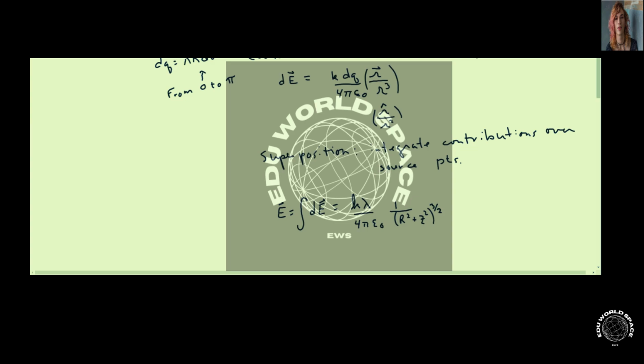Okay, so really the main thing that shows up is the r vector times r d theta, and we can clean that up a little bit with theta going from 0 to pi.